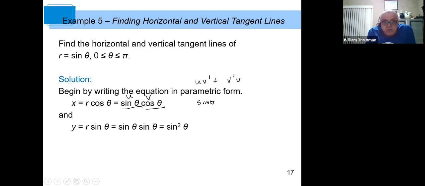The derivative of cosine is negative sine theta, plus V prime. V is cosine, so V prime is sine theta, and U is sine theta.